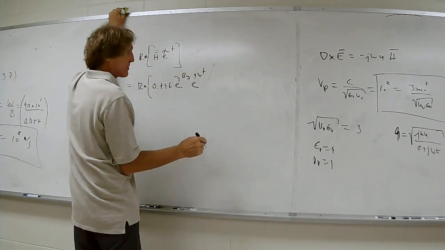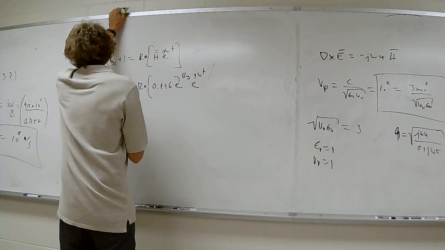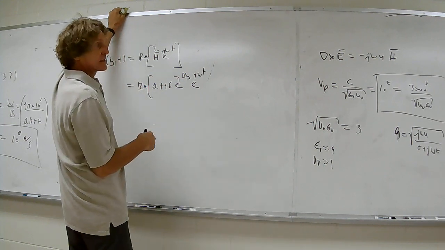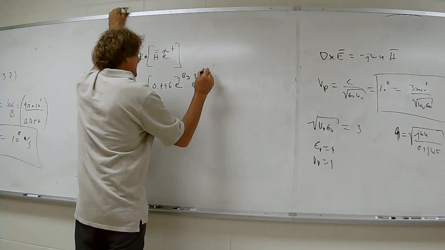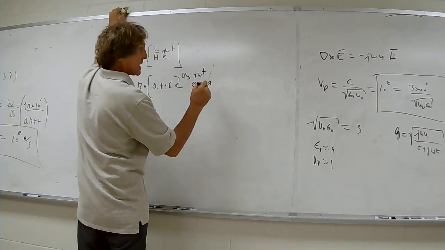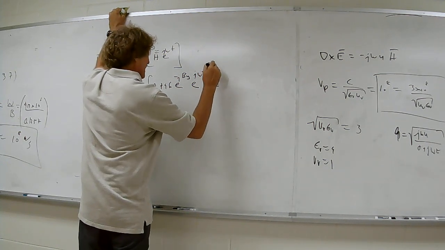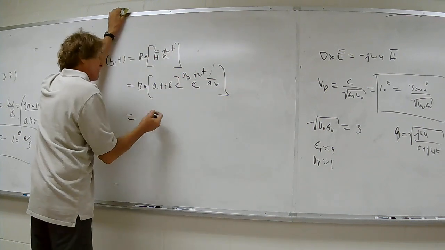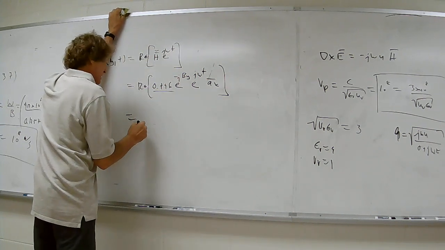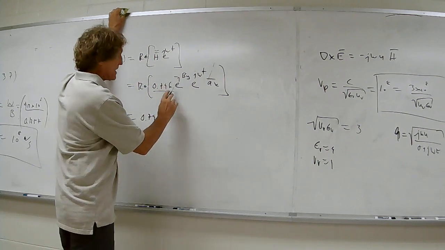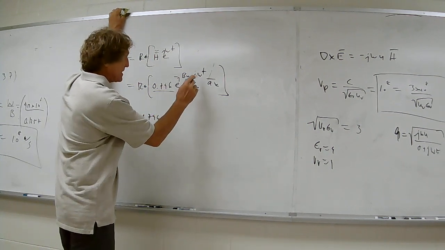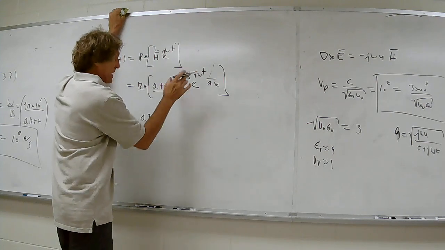We know omega is 4 pi times 10 to the 6, and it's in the x direction. So that's a constant, 0.796. Then we really have e to the j omega t minus beta y.